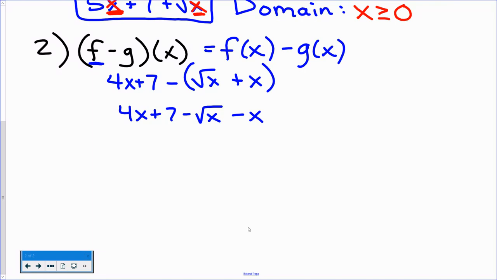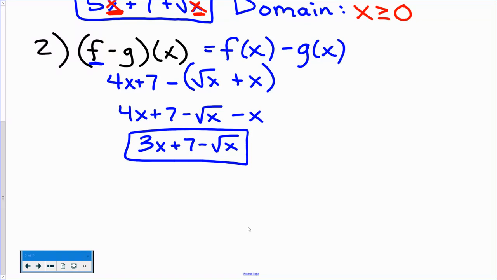Okay, from here I can combine my like terms again. I'm taking 4x minus x, which would be a 3x, plus 7 minus the square root of x. That's still all I can do. So there's my answer for my subtraction, and then we will also figure out the domain.